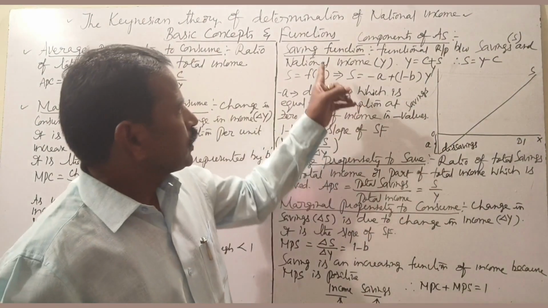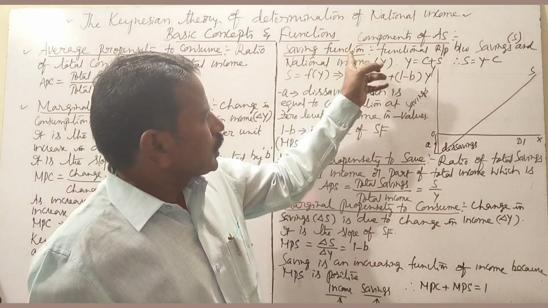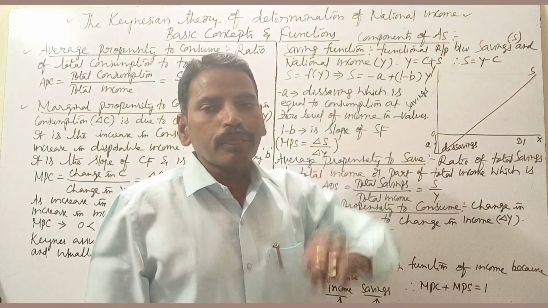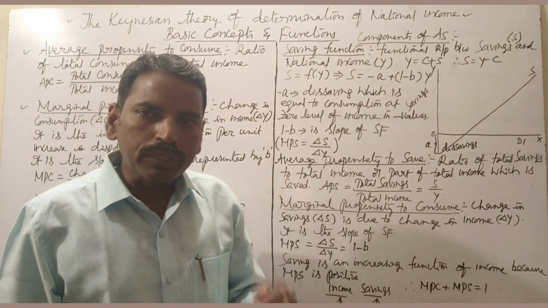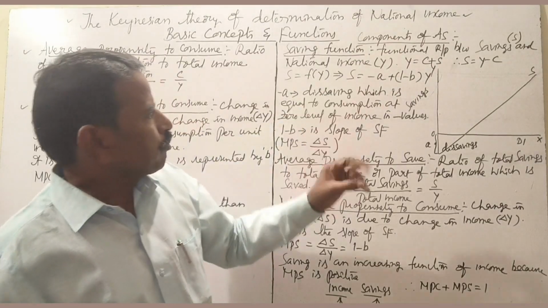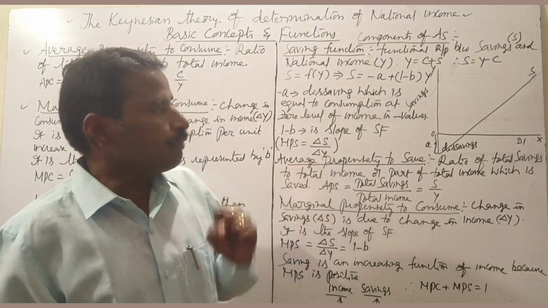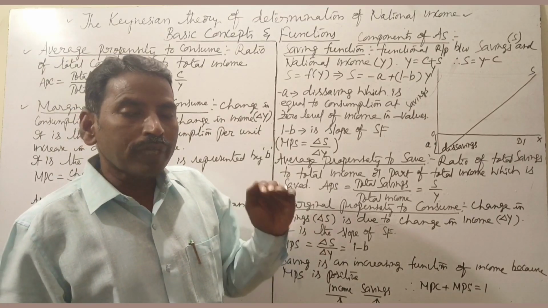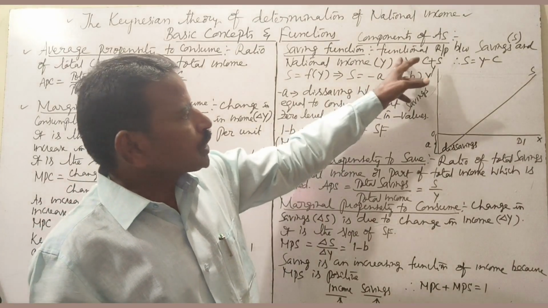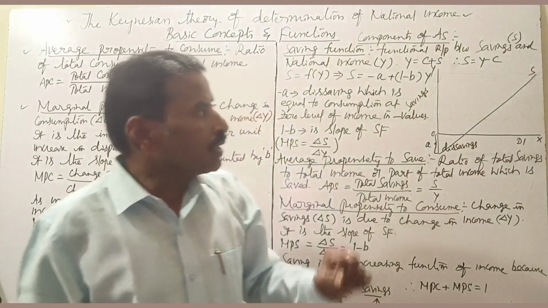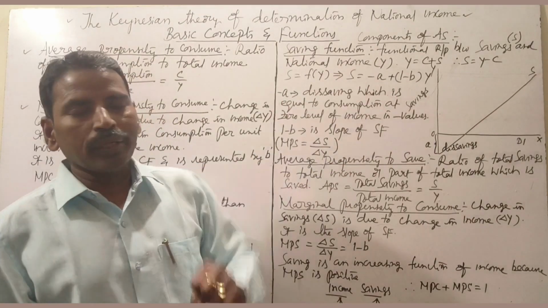Next, components of aggregate supply. First, the saving function. The saving function shows the functional relationship between savings and national income.